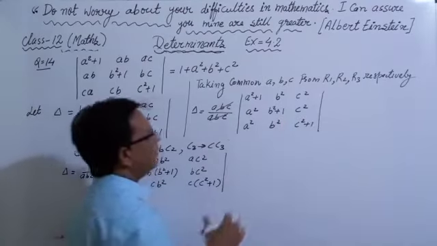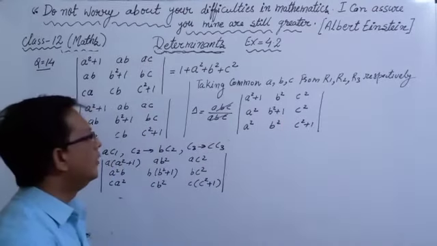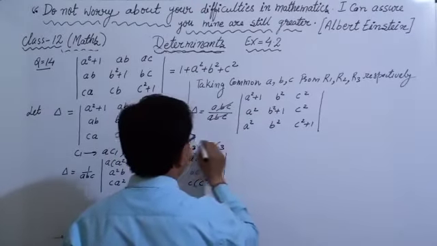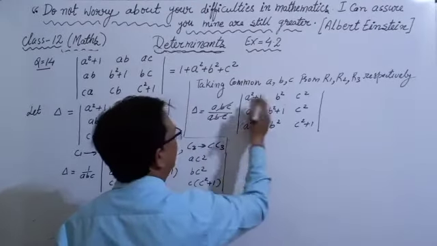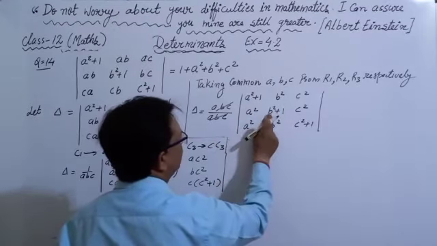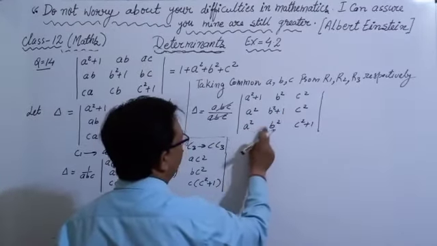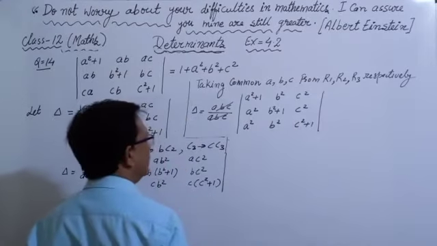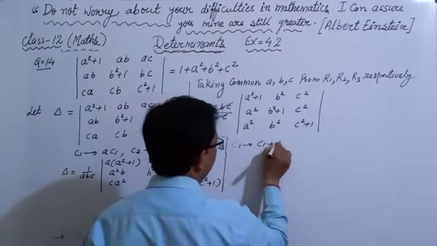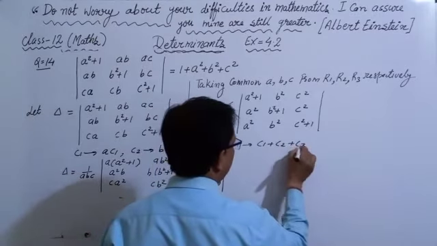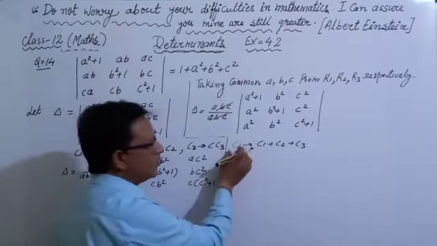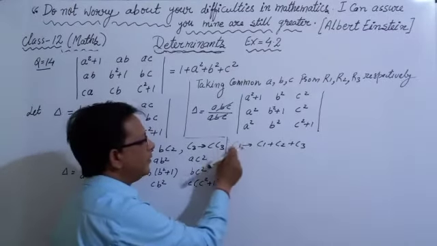Now see, our determinant is totally symmetric. Everywhere we see a square, b square, c square. So what we do, we add all three columns to get a square plus b square plus c square in each row. So C1 changes into C1 plus C2 plus C3. We add all three columns in C1 and write the result in C1.